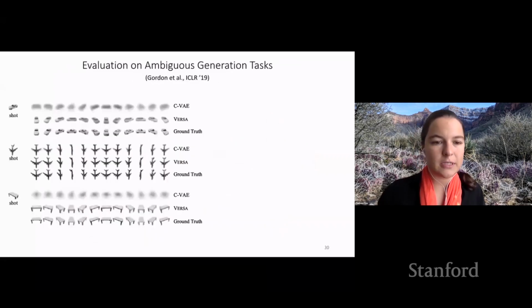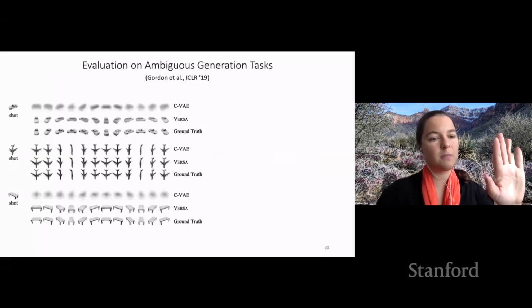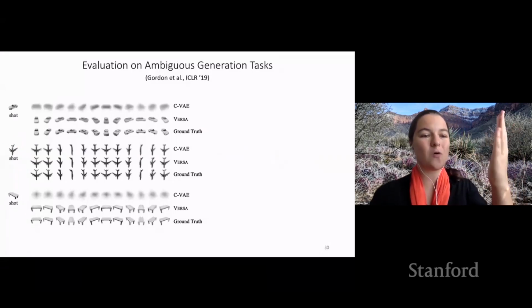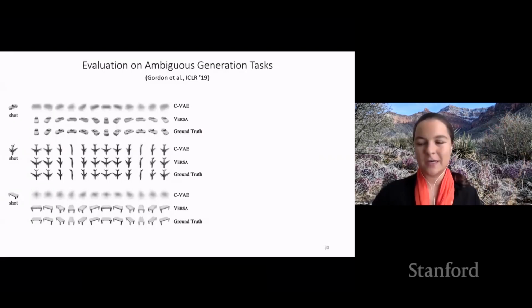Another thing you could do is take a more ambiguous problem. For example, this paper looked at the problem of being able to generate images given just one view. So for example, it's given this view, and it's ambiguous because there are parts of the image that are occluded, so it doesn't know what the object will look like when it's flipped around 180 degrees.